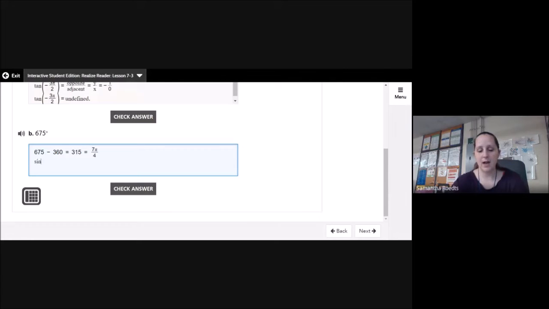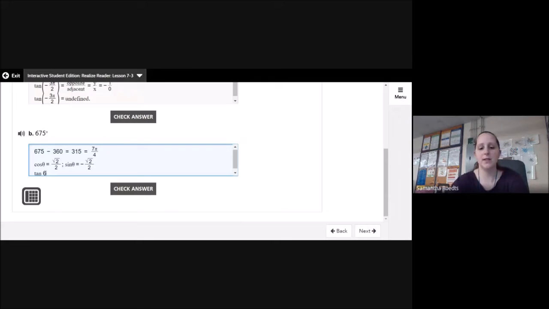So that means cosine of theta equals the square root of 2 over 2, and sine theta equals negative square root of 2 over 2. Remember, cosine is your x, sine is your y.